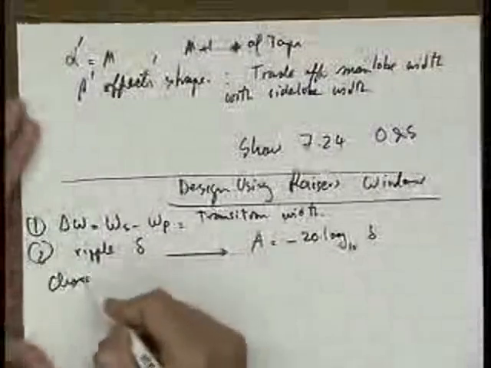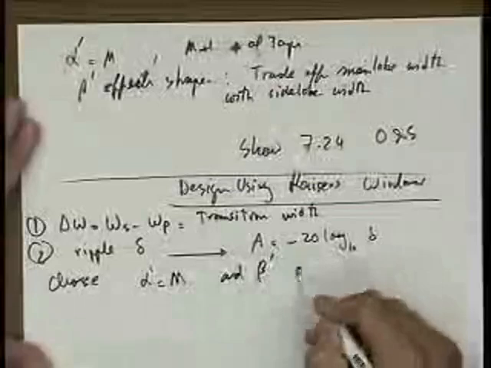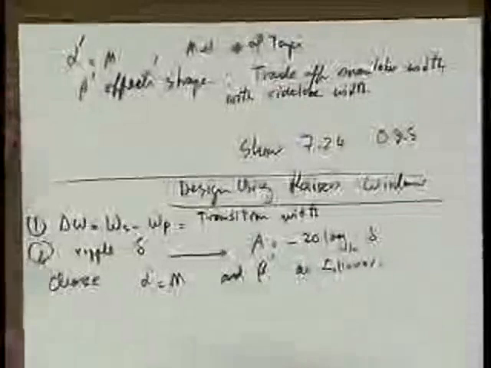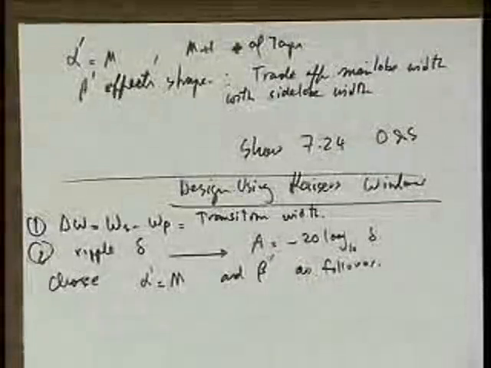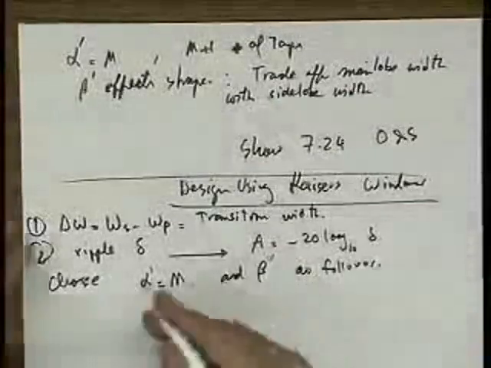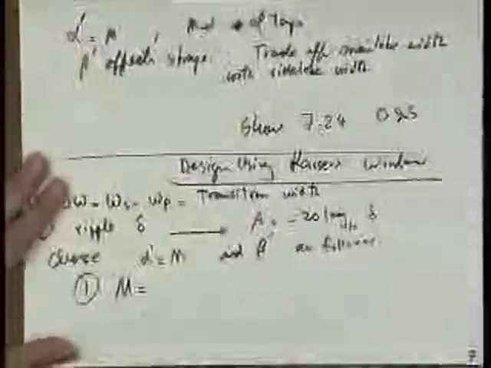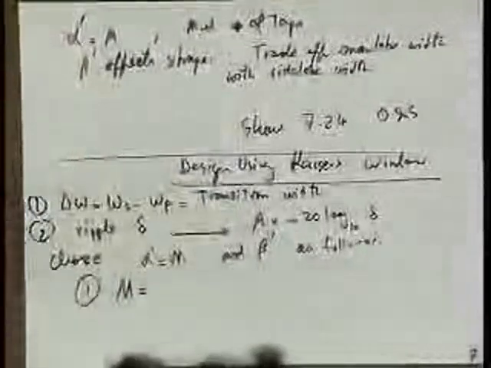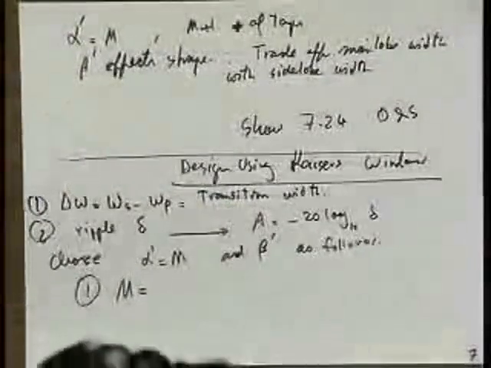Then you can choose alpha prime, which is the same as M, and beta prime as follows. The way he came up with this thing that I'm going to write down is purely numerical simulations. He just kept designing a million of these and fit a curve. The good old method of a lot of simulations. So his thing was, number one, choose M to be equal to... oh God, now there's an issue here.